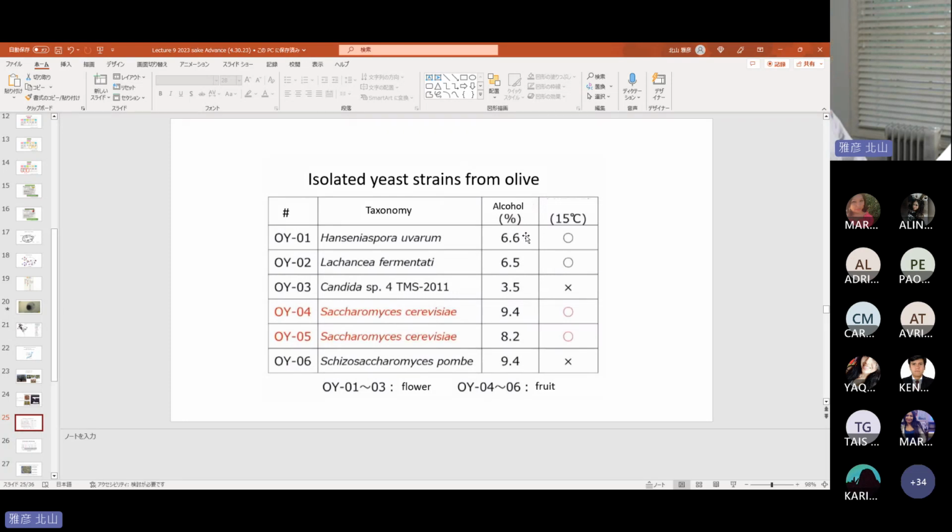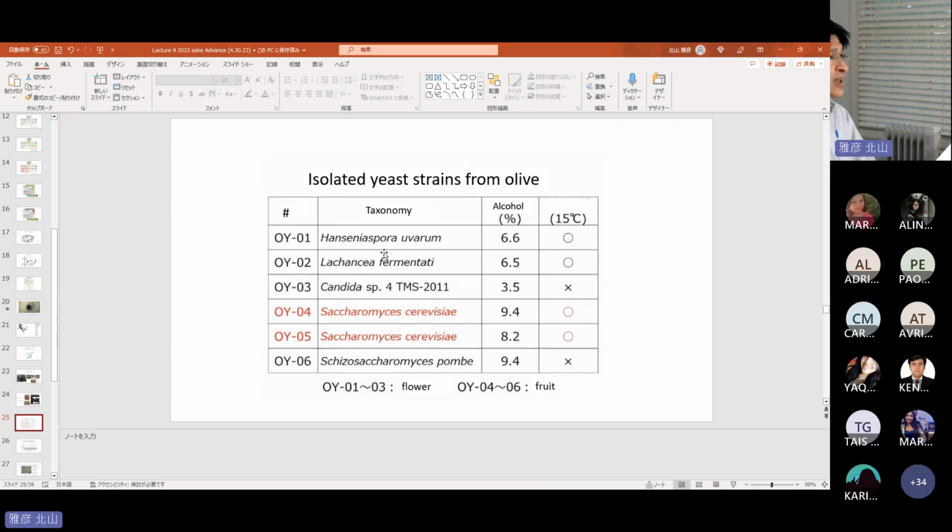Usually sake has more than 15% alcohol, but they produced less than 10% alcohol using these strains. But they selected them. And also, only two out of six strains were Saccharomyces cerevisiae. So they kept these two strains.